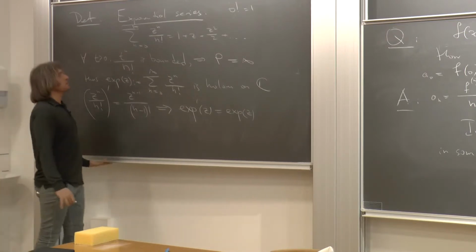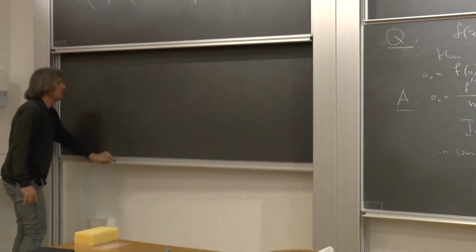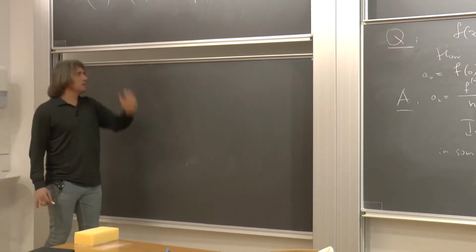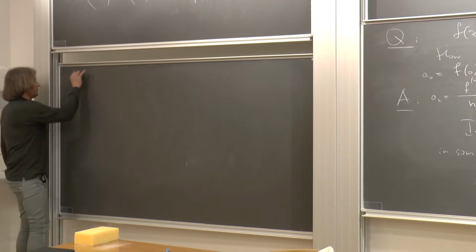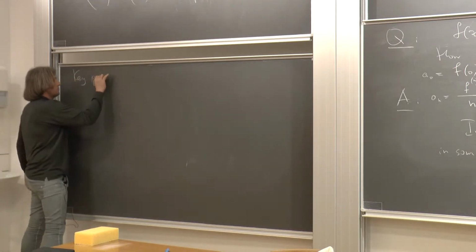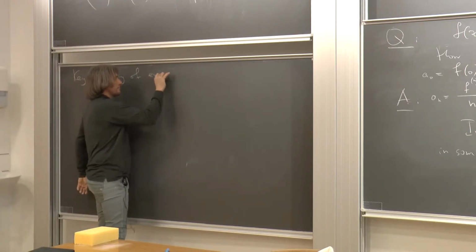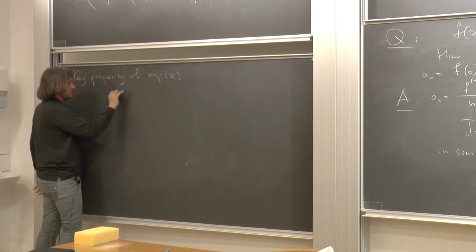Now from this you can derive the key property of the exponential function. This is one incarnation of this key property, but another incarnation is that it's multiplicative.